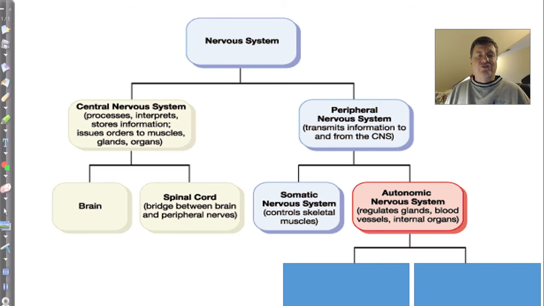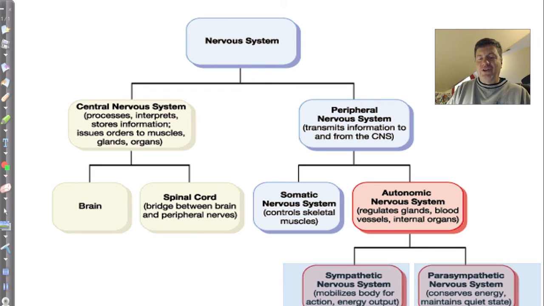You would think that sounds strange, because you would think that you would have control over everything, but you don't consciously control your glands, your blood vessels, the working of your intestines. You don't consciously control those. So those are going to be autonomic, that is sort of outside of your voluntary control.